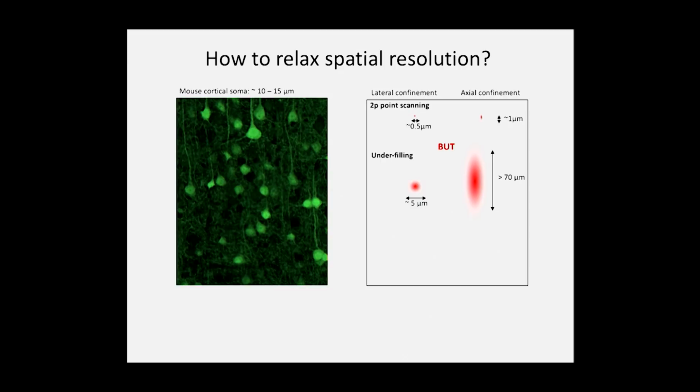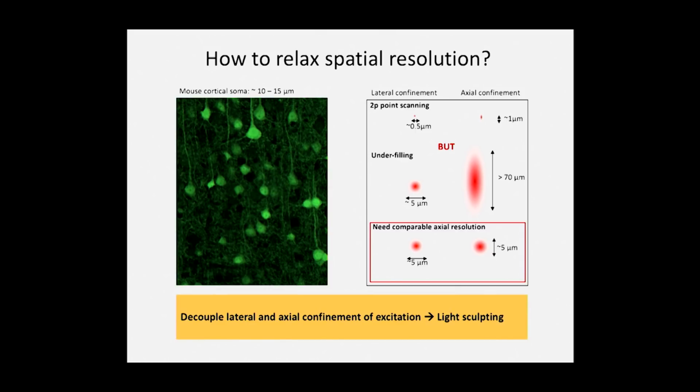But if we do that, then we will end up with a beam that is going axially over 70 microns for the reasons I mentioned before. So what we really want is to be able to sculpt an isotropically sculpted point spread function laterally and axially. And thereby we would also need to be able to decouple again the lateral from the axial confinement, and this is again where light sculpting comes in.